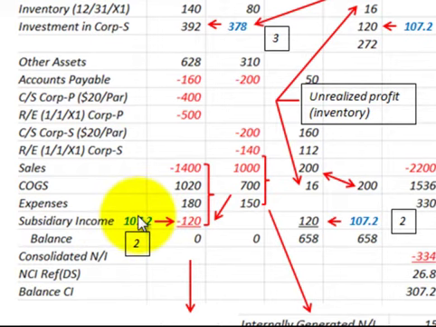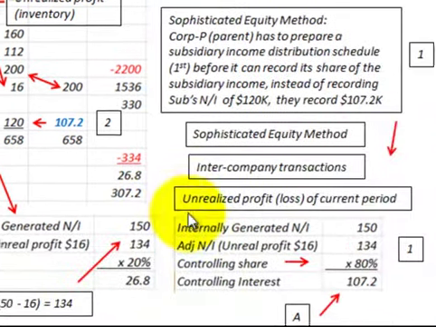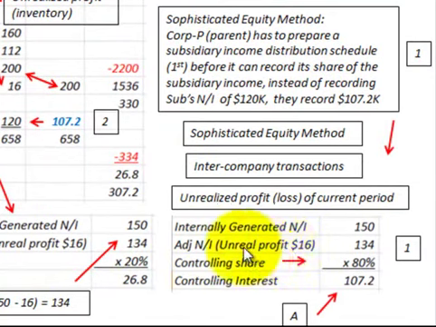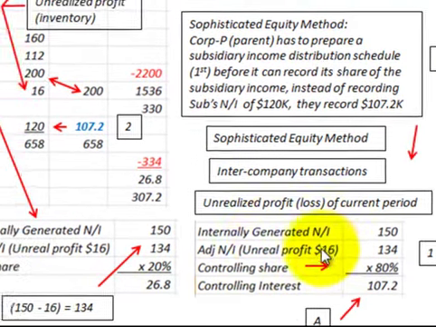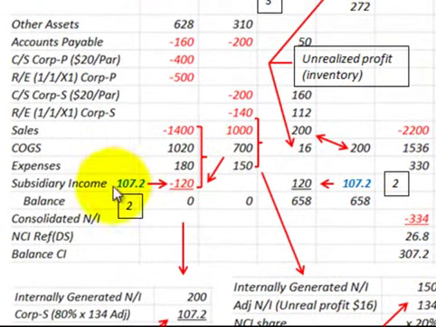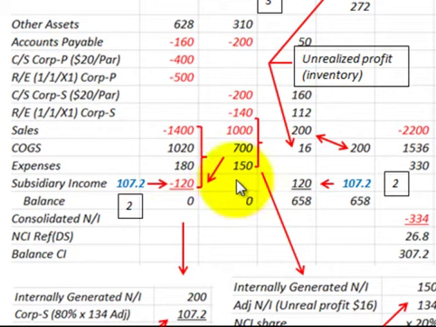We have to first determine the parent's amount of the subsidiary's income based on the adjustments we had to make for this beginning inventory, and that is the amount we're going to be eliminating using the sophisticated method to eliminate our intercompany profit, versus the $120,000 that was based off the sales and the expenses.